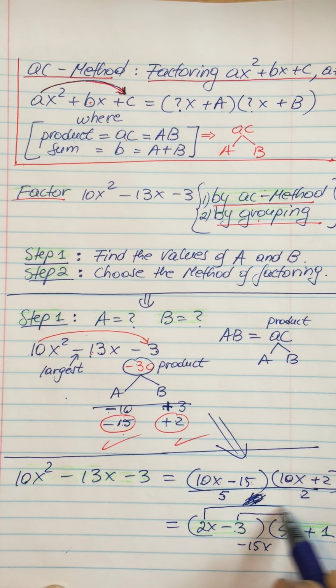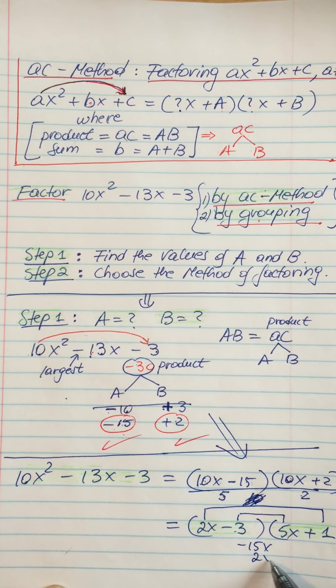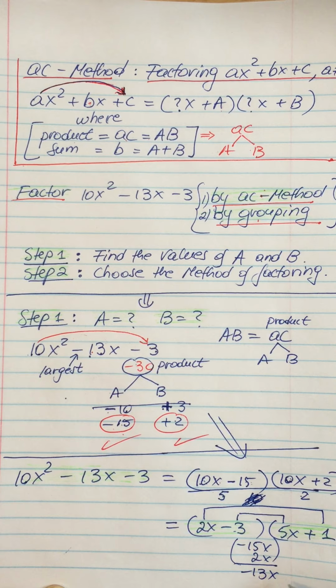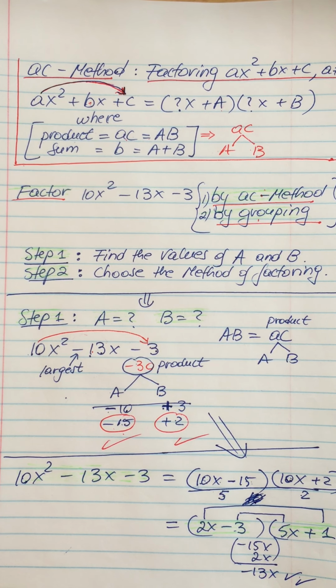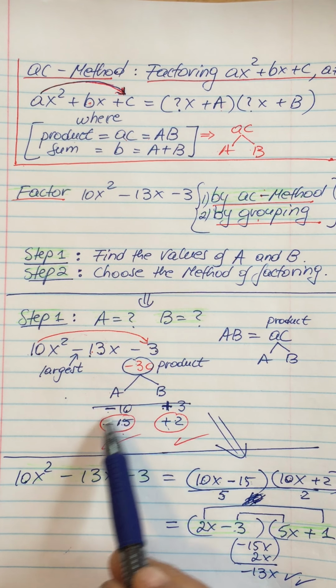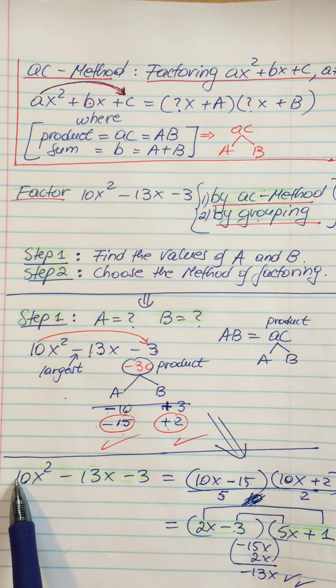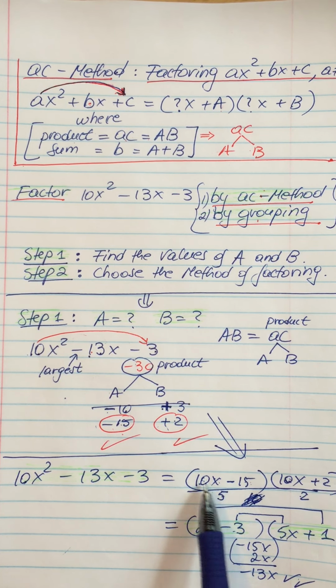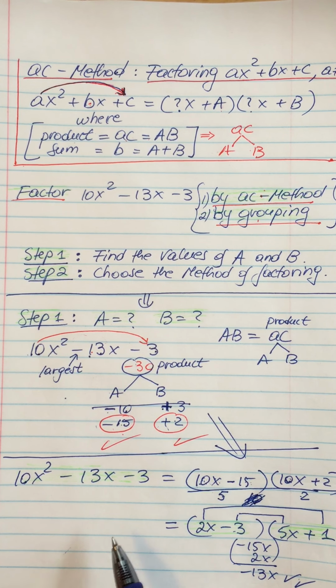And now 2x times 1 is 2x. And if I add, together they are negative 13x, which is the middle term. So my job was correct. In other words, after we find two numbers, just write here the coefficient of x twice, and then divide. That means simplify. Let's see this in another example.